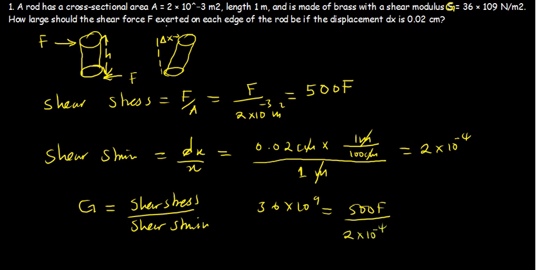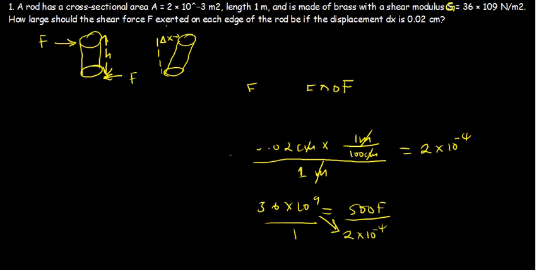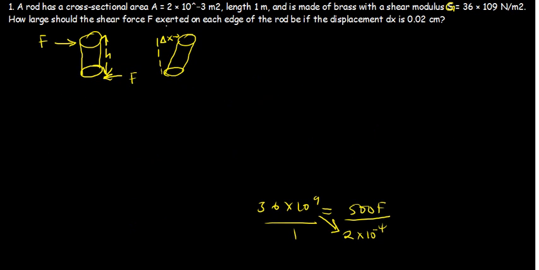So at this point, I'll say this is over 1 and I'll cross multiply. I'll multiply this by that. And I just want to remain with F, so then divide both sides by 500. So that is going to be 500F being equal to 36 times 10 to the power 9, multiplying 2 times 10 to the power negative 4, and therefore divide also by 500 both sides.